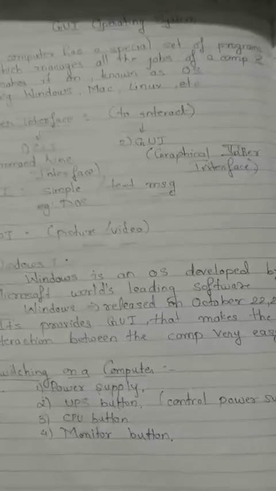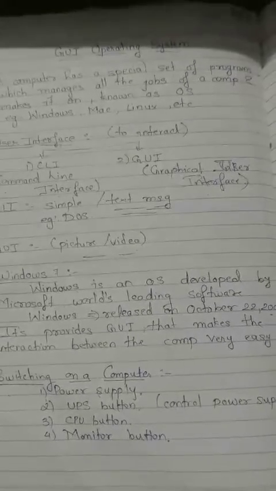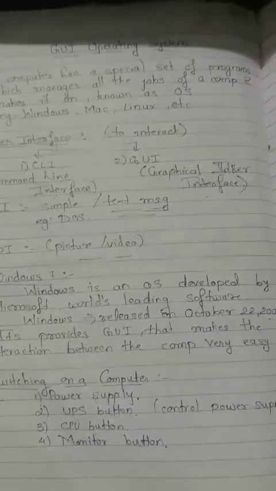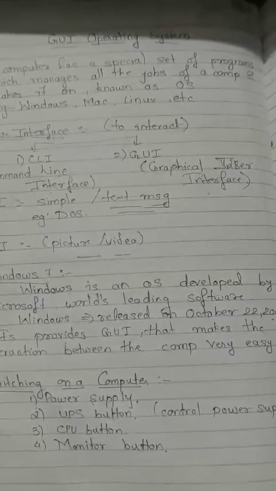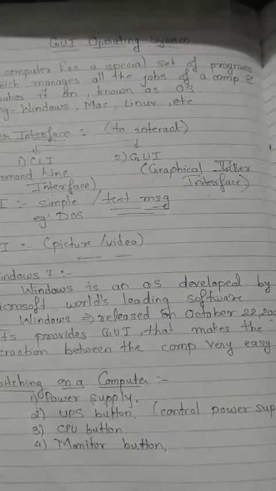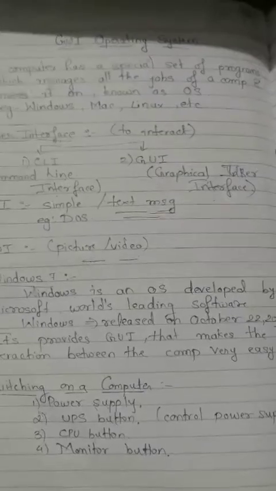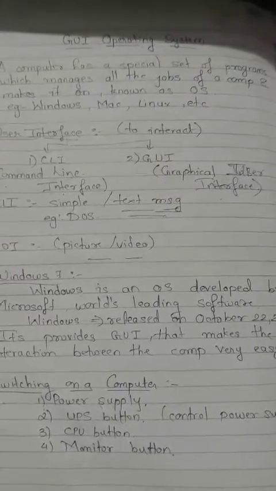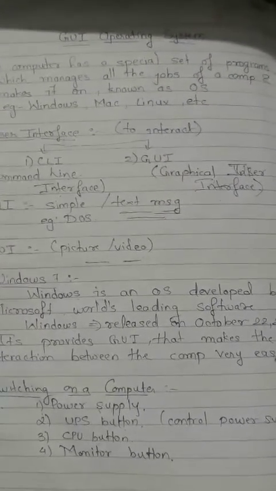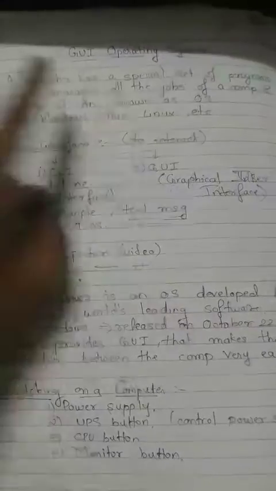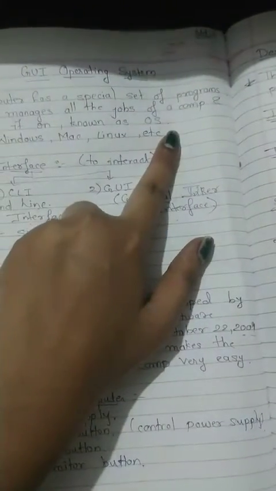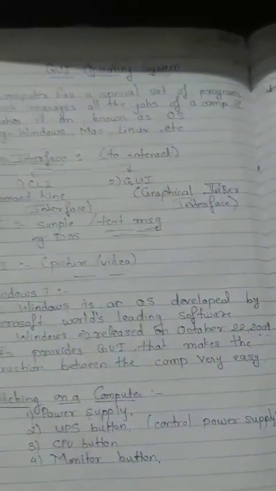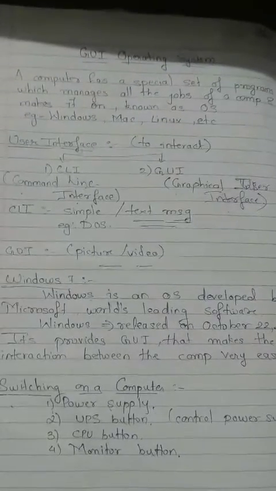Examples of operating systems are Windows, Mac, Linux.